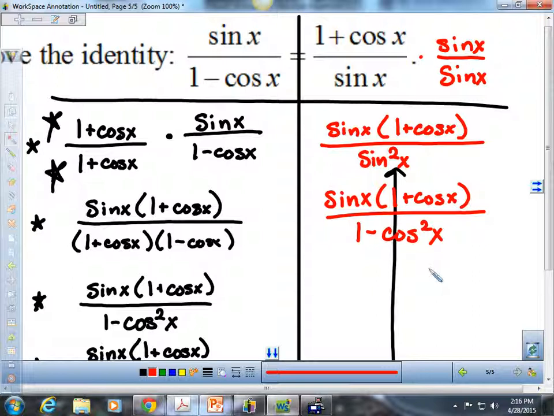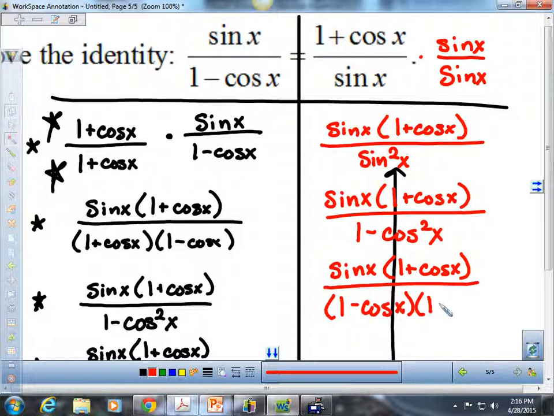They're both perfect squares. Can I factor difference of 2 squares there? Yep, so sine x, 1 plus cosine x. What are the 2 factors of 1 minus cosine squared? 1 minus cosine x and 1 plus cosine x.